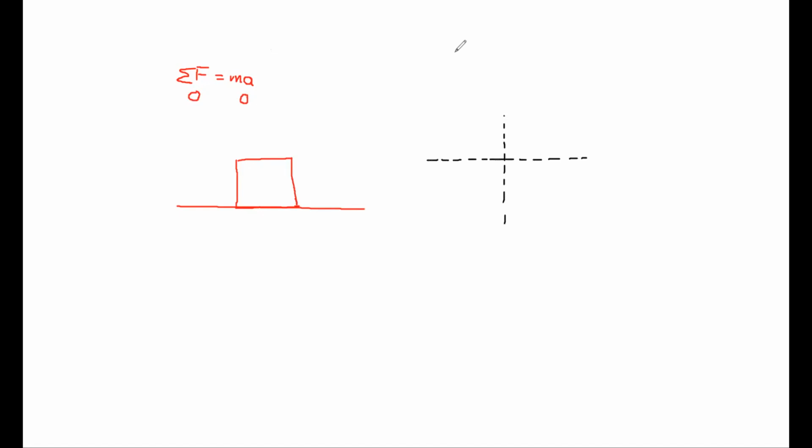All right, so what's acting on this vertically in the negative direction? Gravity. We're going to have gravity straight down. All right, so that's going to be our force of gravity. Now, what's acting on it in the positive y direction? Normal force. So it's sitting on a surface, and that surface is resisting it.